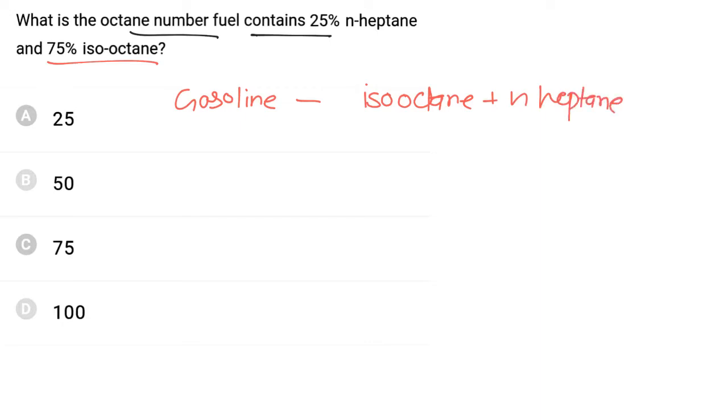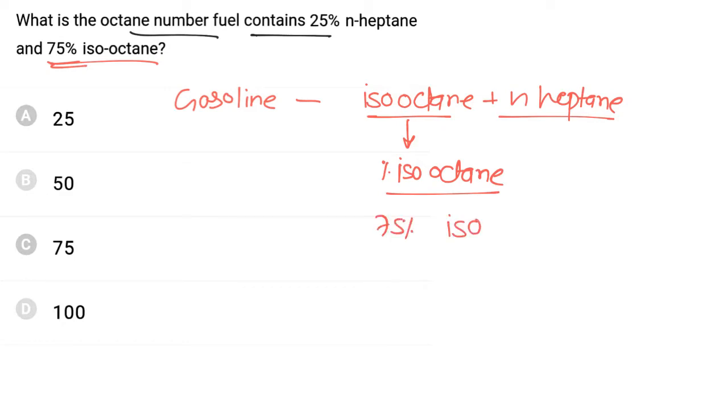In a mixture of isooctane and normal heptane, the percentage of isooctane is equal to the octane number. Now if a fuel has 75% isooctane, then the octane number of the fuel is 75. So the correct answer is C.